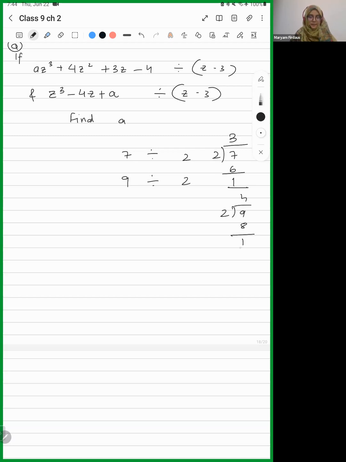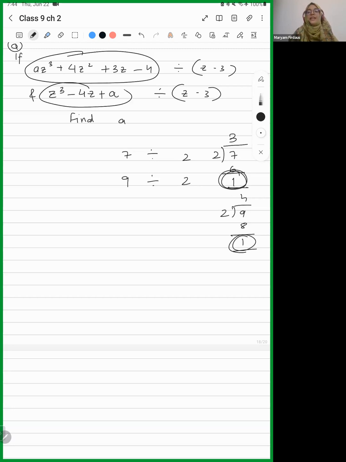So you see that the remainder is the same. The same thing is going to happen in this scenario, where these two polynomials, these two dividends, leave the same remainders when divided by z minus 3. So let's first try dividing them by z minus 3 and see what the remainder comes out to be. Is that okay? Yes, ma'am.